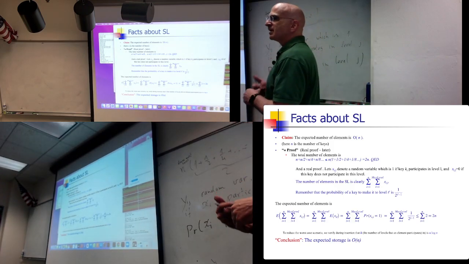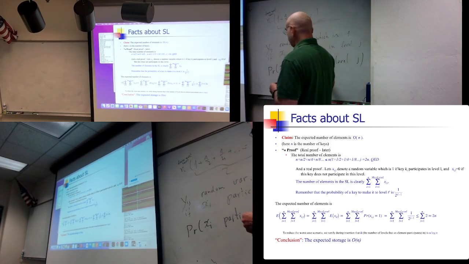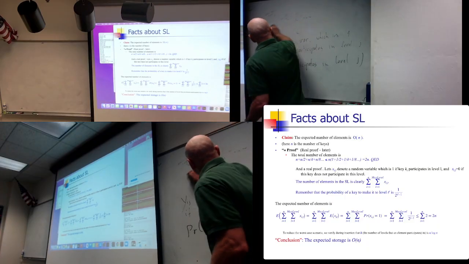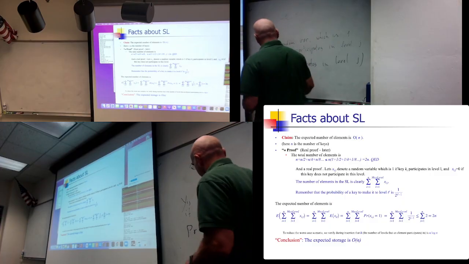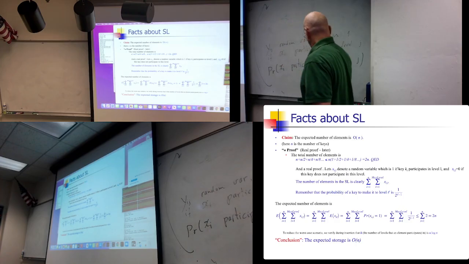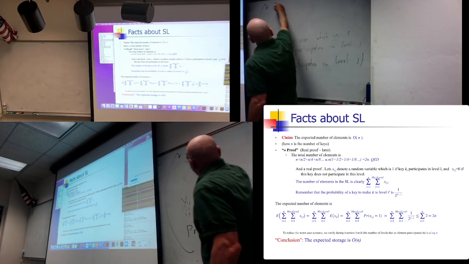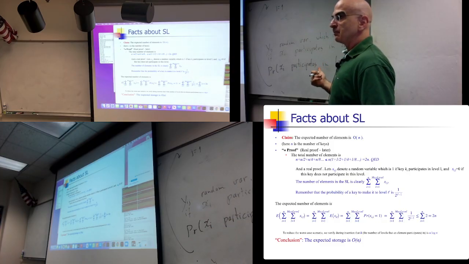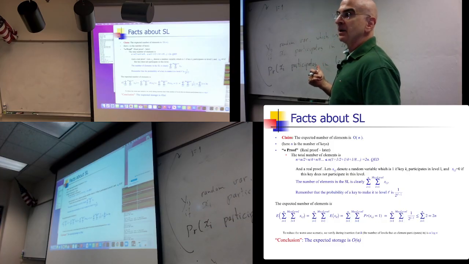Now, what is the process that I decide about an element to participate in level 1? Let's check for j equal 1, what's the probability that x_i participates?